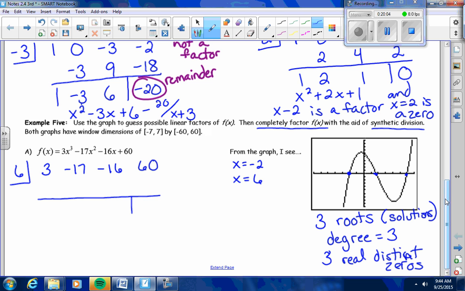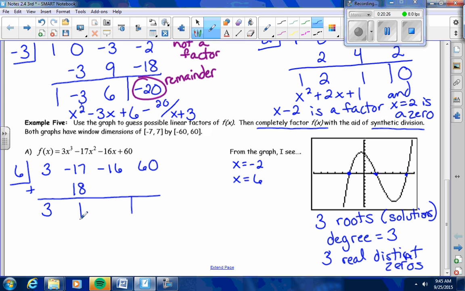Okay, so help me out. What do I do first in synthetic division? Drop the first. Drop the 3 down. Now what? Multiply it times 6, that gives me 18. 18 plus negative 17 is 1, so I bring that down.